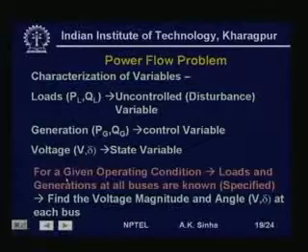That is, for any given operating condition, at any particular time when all the loads and generation are known, we need to find out what the voltage is at various bus bars for this generation and load, and once we know this, we can calculate all the line flows and all the other variables.